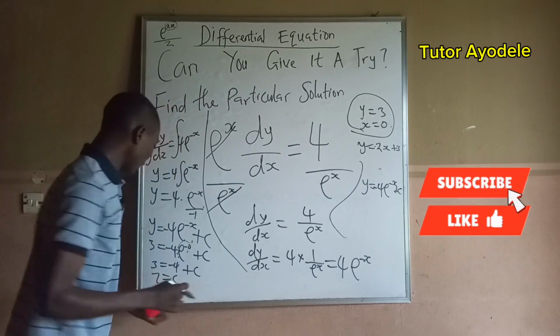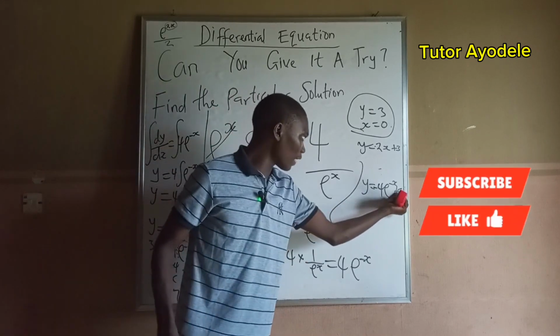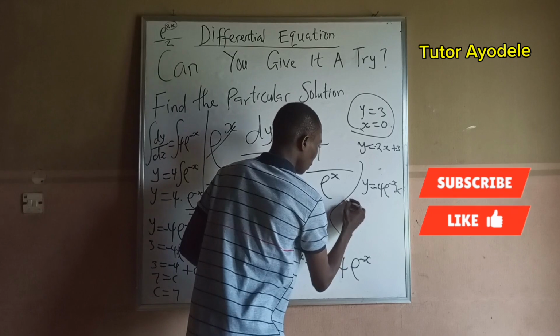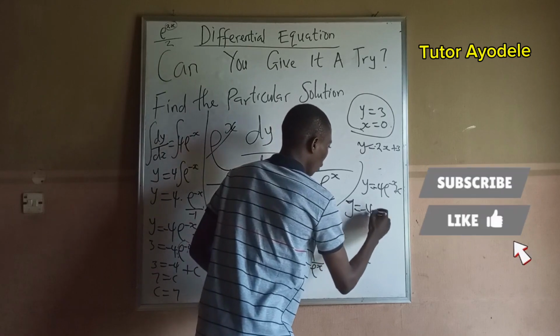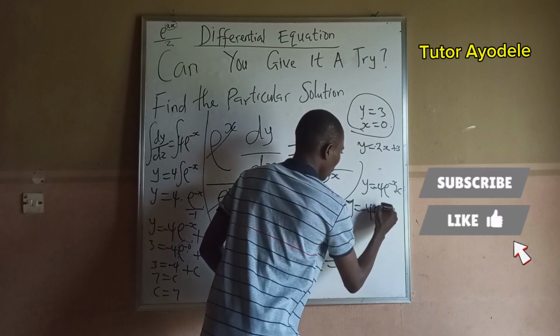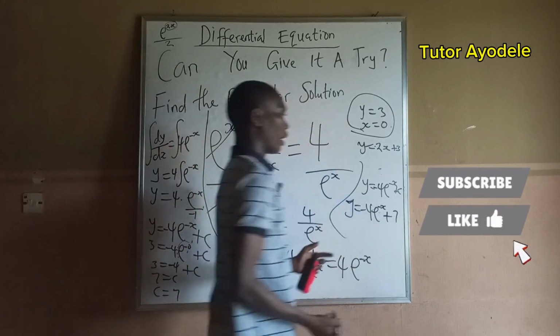Okay, now if I replace this c with this 7, we have y equals to minus 4 exponential raised to power minus x plus 7. So this is our equation.